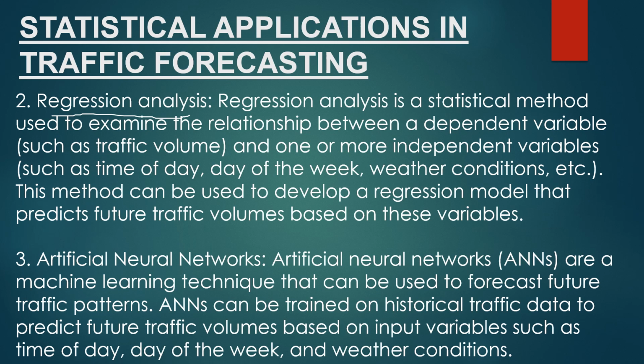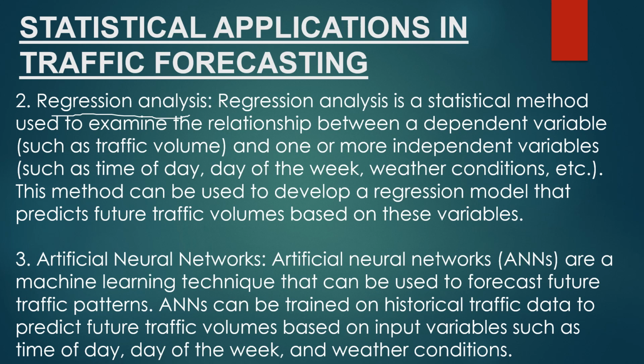Regression analysis. Regression analysis is a statistical method used to examine the relationship between a dependent variable such as traffic volume and one or more independent variables such as time of day, day of the week, weather conditions, etc. This method can be used to develop a regression model that predicts future traffic volumes based on these variables.